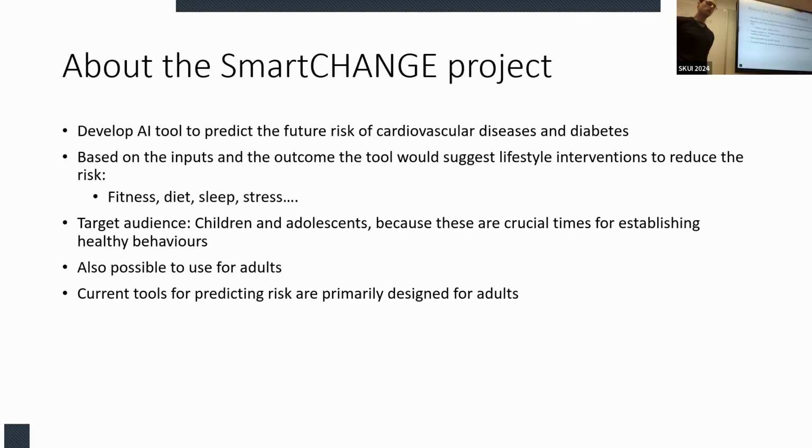It would recommend change. How much exercise do you need to do weekly? How differently should you eat? How much differently should you sleep? It will tell you if you're under too much stress and so on.